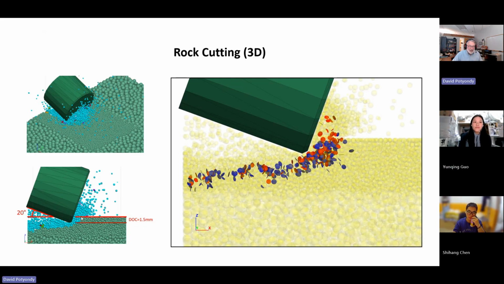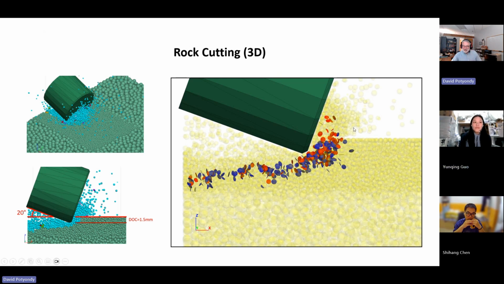So you're seeing right here that for about 2 layers, these guys have fully broken free. That's what used to look like the yellow guys in the previous thing, right? And here's depth of cut, 1.5 millimeters, 20-degree angle. Those are the kind of things people play around with in the models.